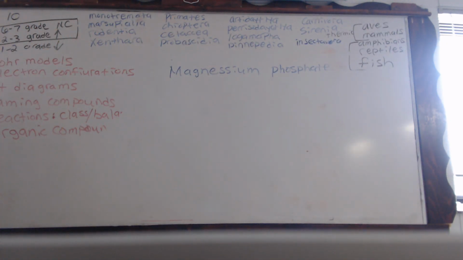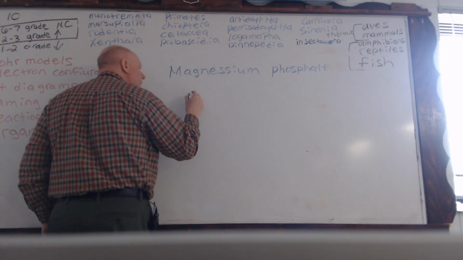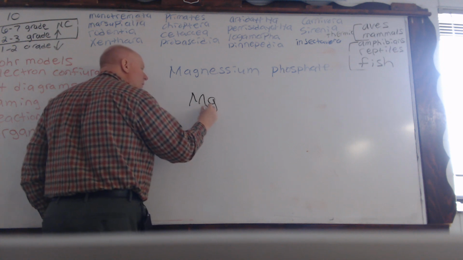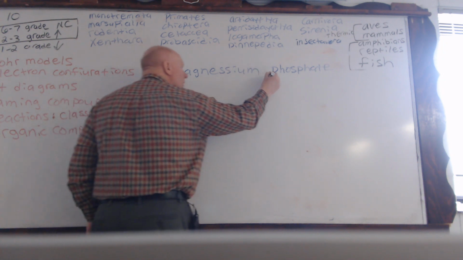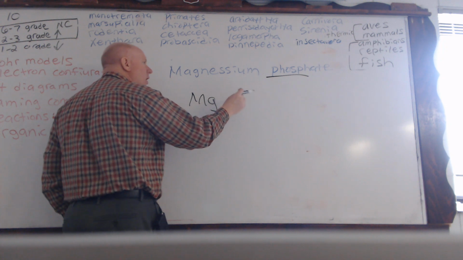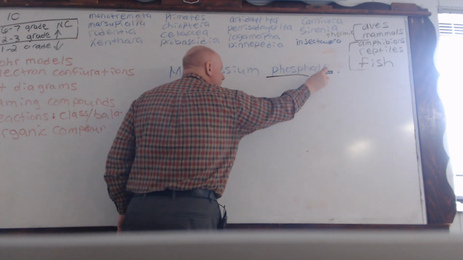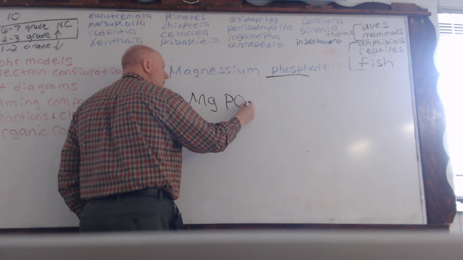So, what is the symbol for magnesium? What is the formula for the phosphate ion? You know that it has to have that element in it. And you know that when it has that suffix, there has to be oxygen in it. Okay?